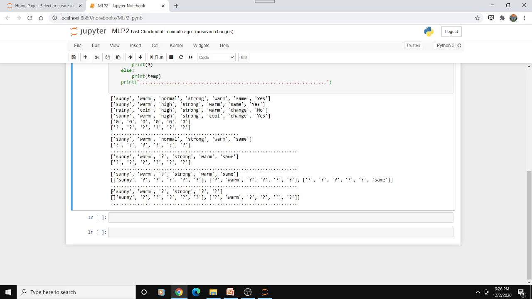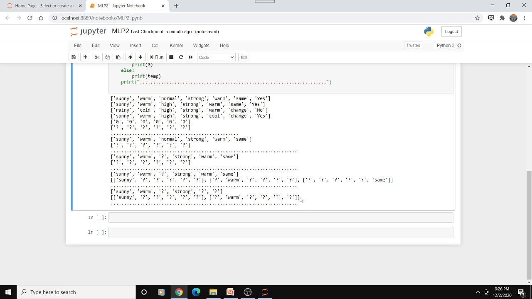Okay, so in the fourth iteration, this is for the fourth training example. There is a change in the specific hypothesis in this particular value, the same value. So that's why we are going to remove this particular hypothesis, which is inconsistent with the training example. So we are going to remove this from the general hypothesis.